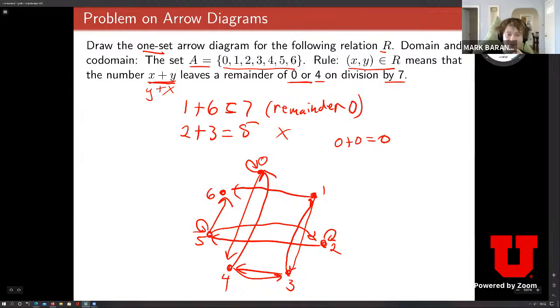And 6 and 5 will also be there, and we've done almost all the pairs except we need to reverse that arrow. None of the other ones will work.